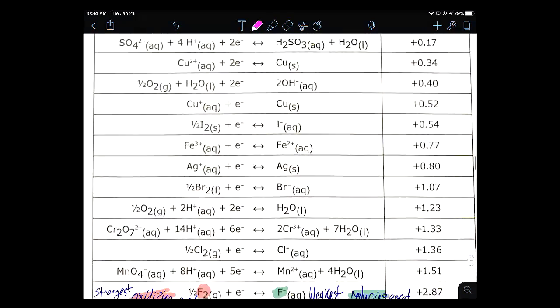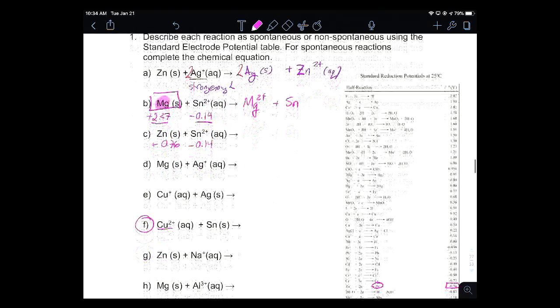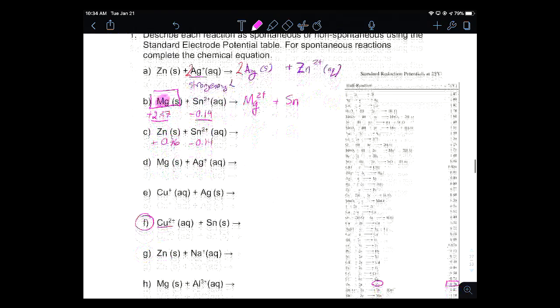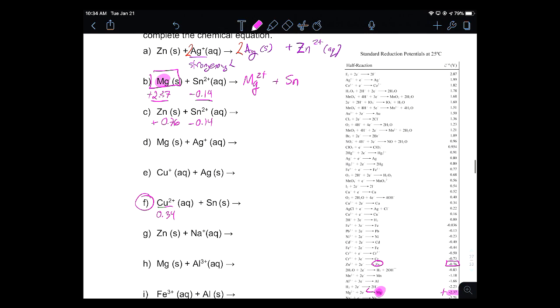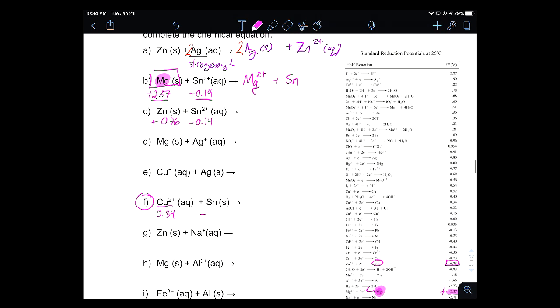For the reaction to proceed in the reverse direction, it will have the reverse potential. So this has a positive 2.37 potential.